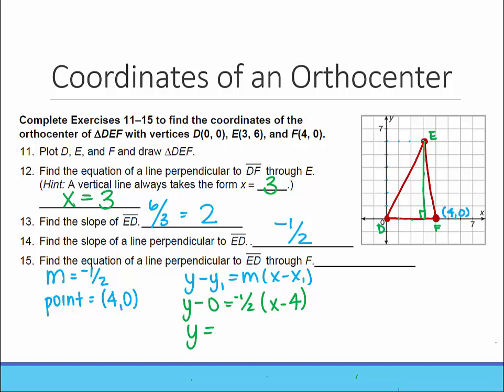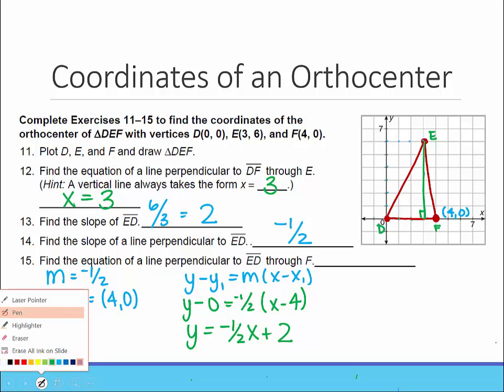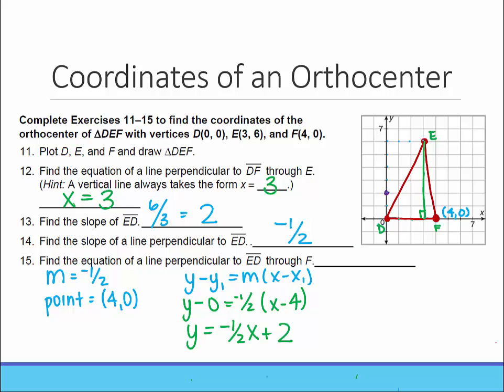Y minus 0 is just y, and then if we distribute here, we end up with y equals negative 1/2 x plus 2. So let's graph that. I'm going to start up at 2. Negative 1/2 x would be down 1 over 2, down 1 over 2. Goes through there.